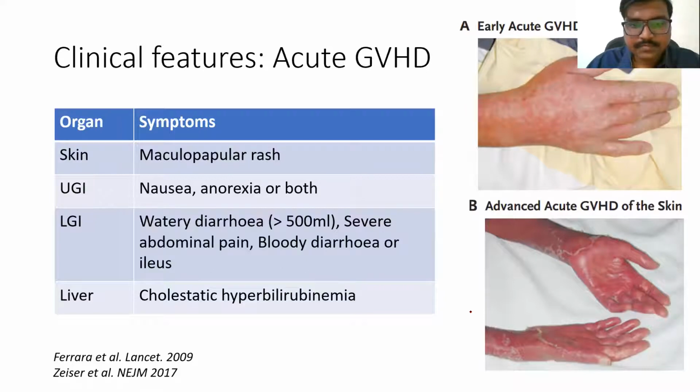Patients can have mucositis, odynophagia, esophagitis, and in upper GI symptoms, the patient can have mild symptoms like dyspepsia, anorexia, and nausea, and it can even progress up to GI bleed or severe pain abdomen. In lower GI manifestations, diarrhea is the predominant symptom, and sometimes patients can have severe abdominal pain, bloody diarrhea, or rarely ileus also. In liver manifestations, cholestatic immune-mediated injury of the liver leads to cholestatic hyperbilirubinemia.